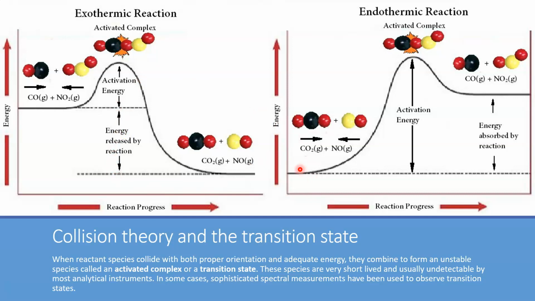And in an endothermic reaction, the energy of the products is higher than the energy of the reactants, so energy is absorbed. Note, however, that in both cases, the transition state or activated complex has greater energy than the products. That is true for both endothermic reactions and exothermic reactions.